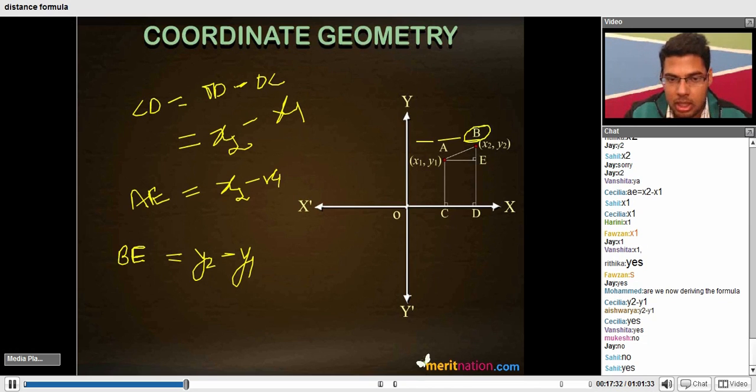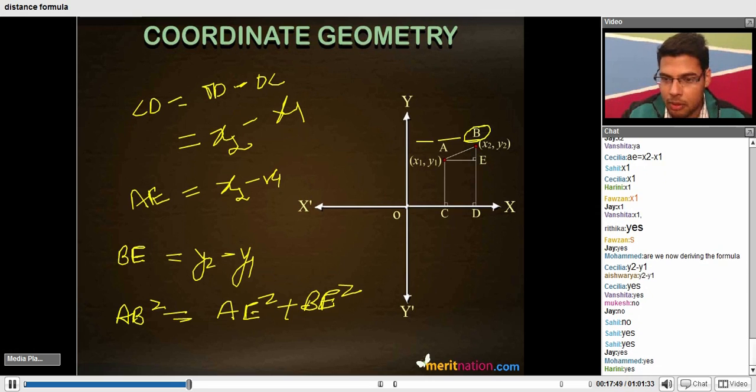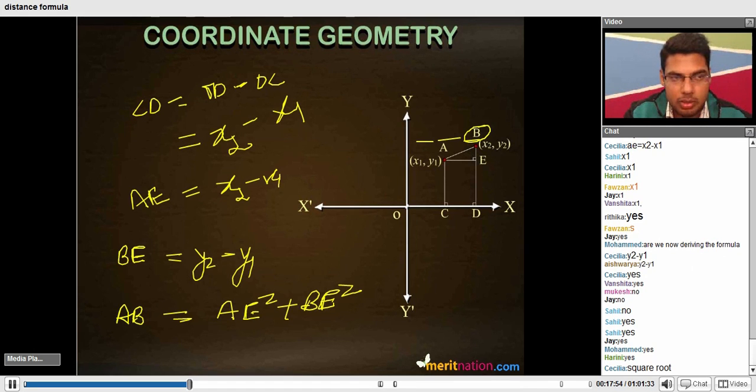Now tell me the distance AB. AB square equals, can I say, nothing but AE square plus BE square? All of you agree? So can I again say AB is nothing but root over AE square plus BE square?